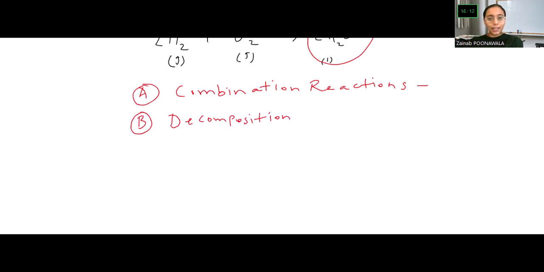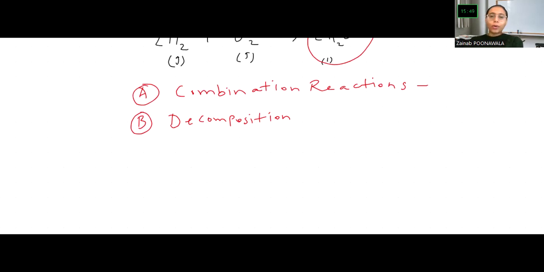Do you still agree? Or you want to look at a different type of chemical reaction? So you want to stick to the plan? Okay, all right. So, as per the curriculum, the second type of reaction that we are to look at is a decomposition reaction.